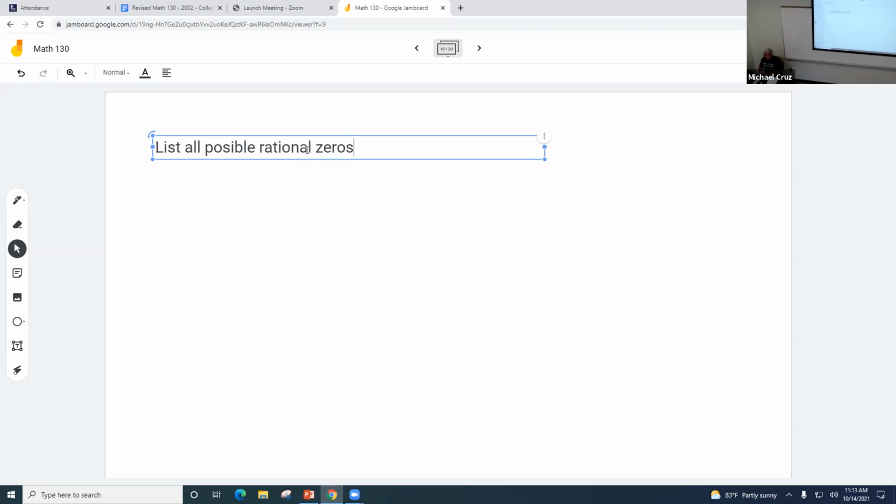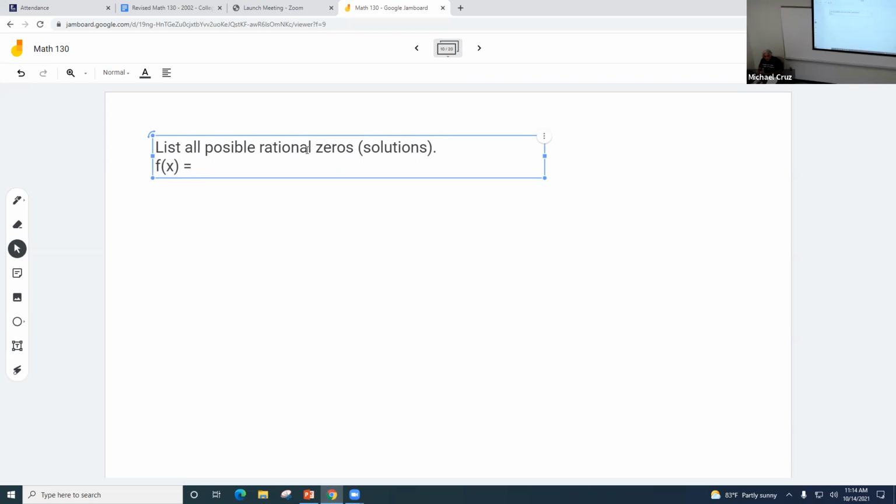And remember, zeros just means solutions. The reason they call them solutions is that they cross the x-axis at that point, when y is equal to 0.